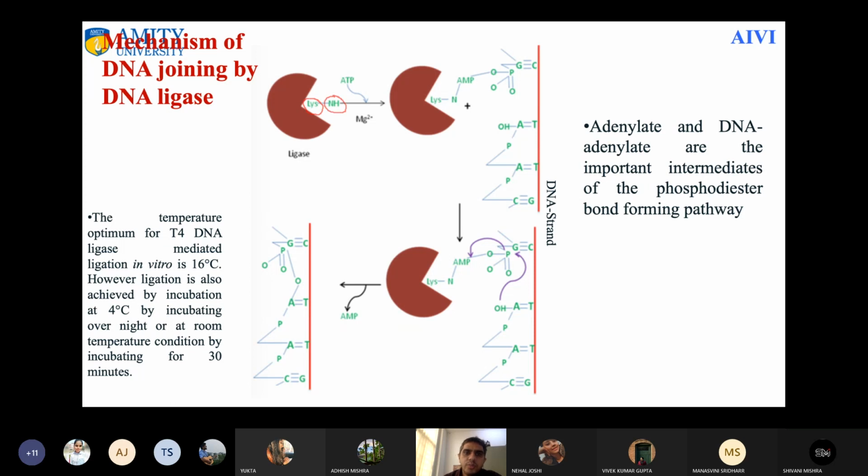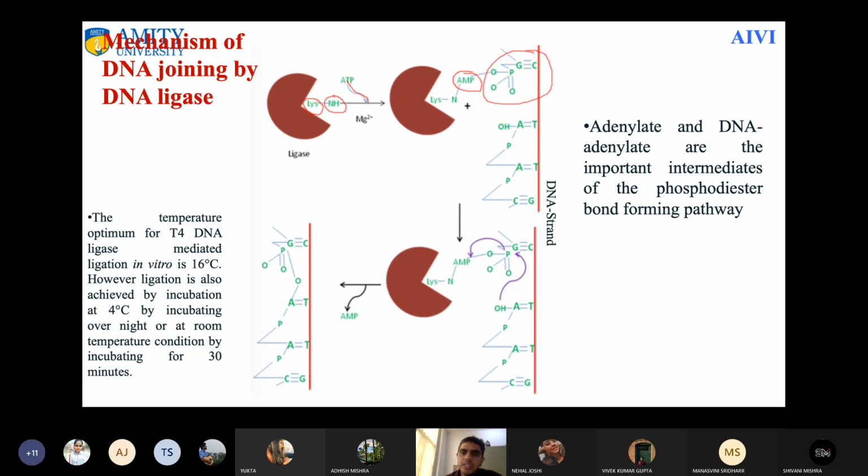So through this amine group, one ATP is going to come, and this ATP is going to form a complex. We call it the lysine enzyme AMP complex. Now what is this going to do? This is going to activate the phosphate group. So this AMP goes to join to the phosphate group.